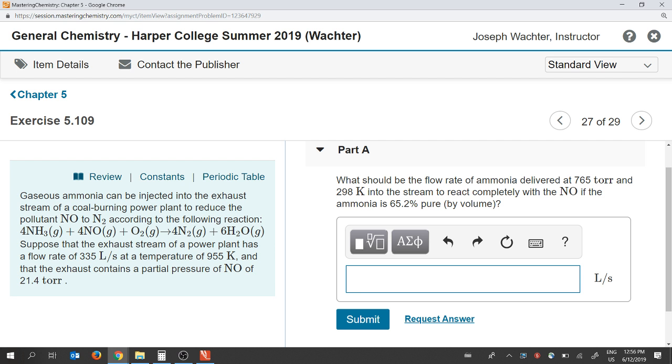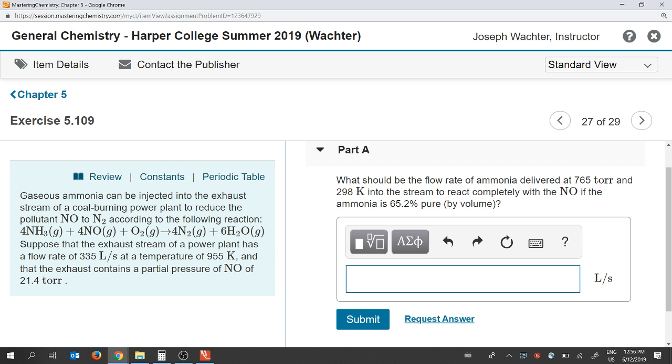All right, so a few things going on here. One thing that seems a little tricky is that the answer is asking for a flow rate in liters per second, which sounds different from what we've normally done. But in this case, that can be treated kind of the same as volume, because you're going to use this volume to do the initial calculations.